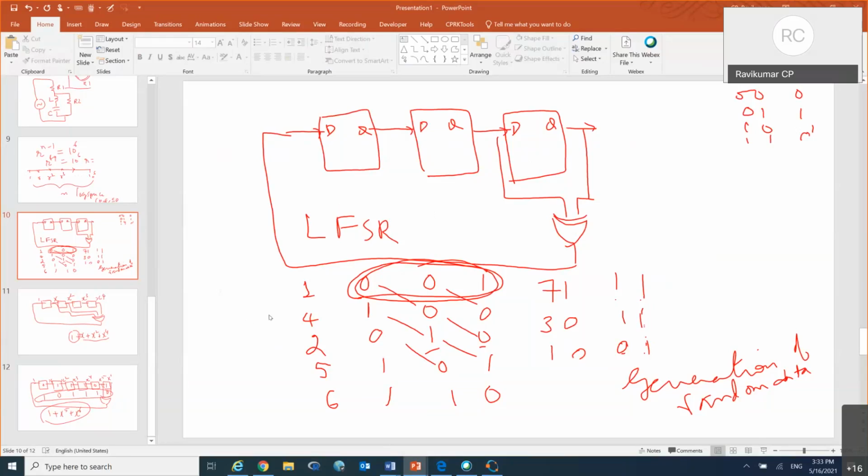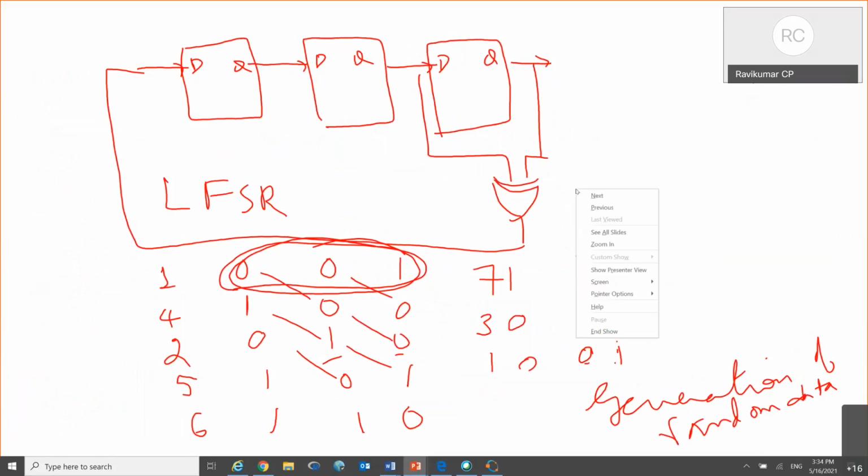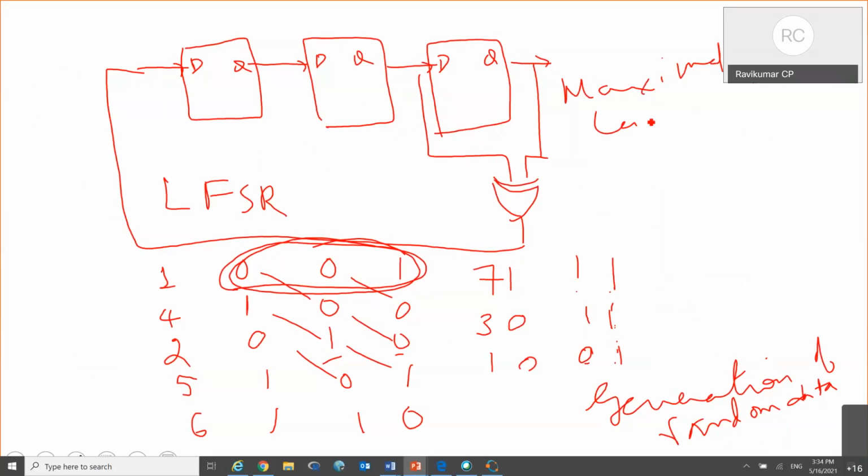Number of states 7 is the largest I can get, so it's called a maximal length LFSR.